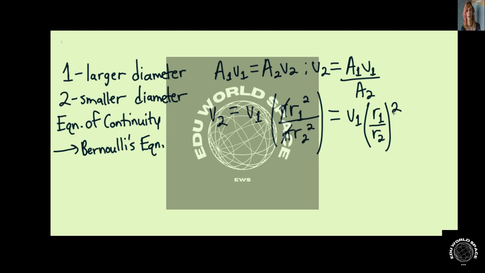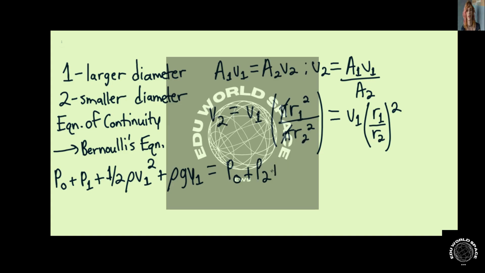After this, we can use Bernoulli's equation and say that atmospheric pressure plus the pressure in the first section plus 1/2 times the density times V sub 1 squared plus the density rho times g y sub 1 will equal the atmospheric pressure once again plus P sub 2 plus 1/2 rho V sub 2 squared plus rho g y sub 2.